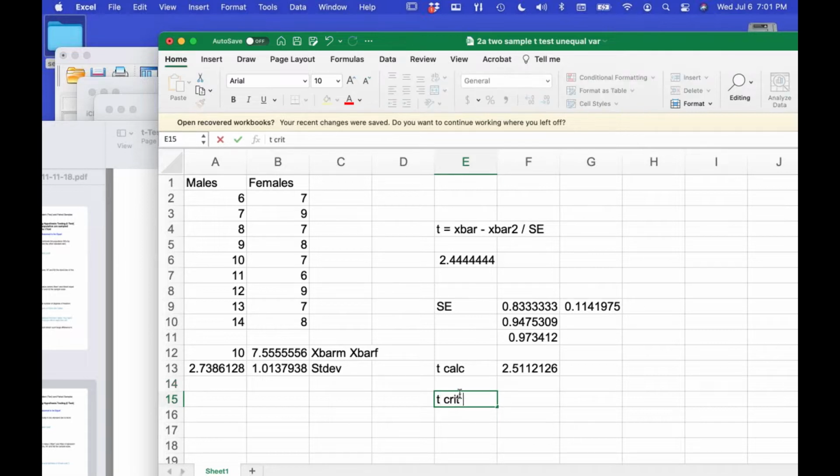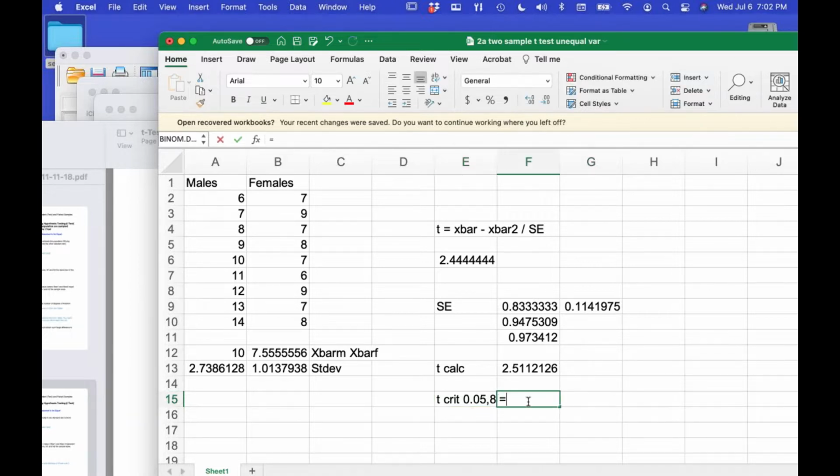The t critical for 0.05, or if you look at alpha over 2, 0.025, right? Same thing. And how many degrees of freedom? 8 degrees of freedom. Well, what is that value equal to?